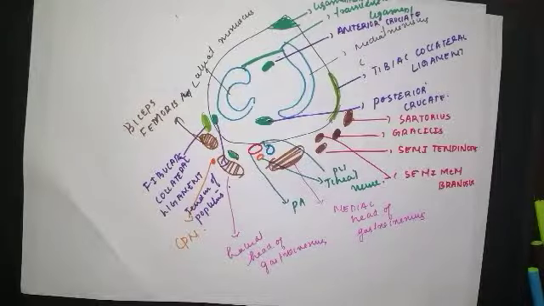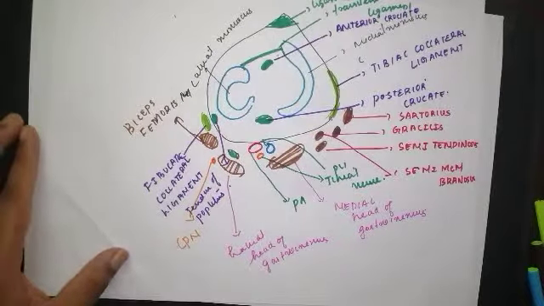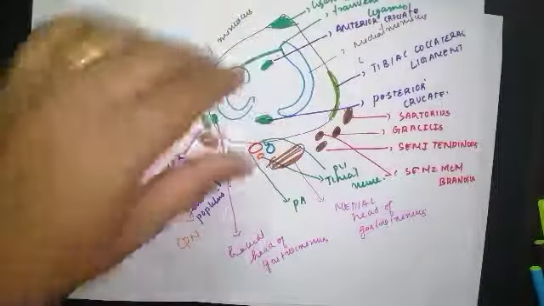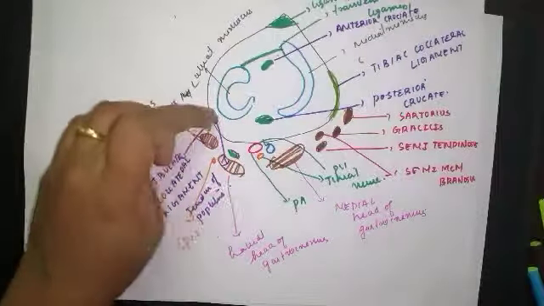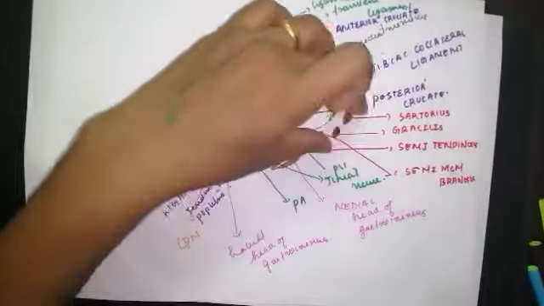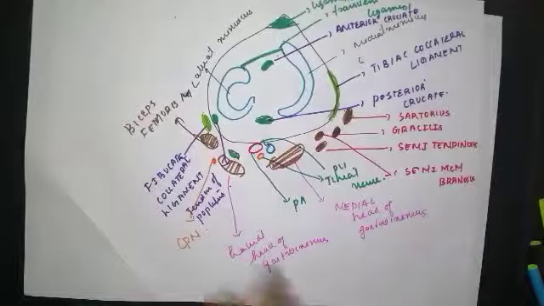So these are all the structures which are related to the knee joint. Anteriorly the ligamentum patellae. You can see the anterior and posterior cruciate, which are intracapsular, and the tendon of popliteus is also intracapsular here. And you can see the medial group of muscles here: sartorius, gracilis, semimembranosus, semitendinosus.